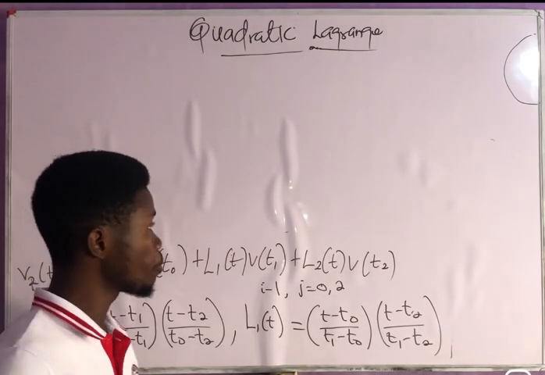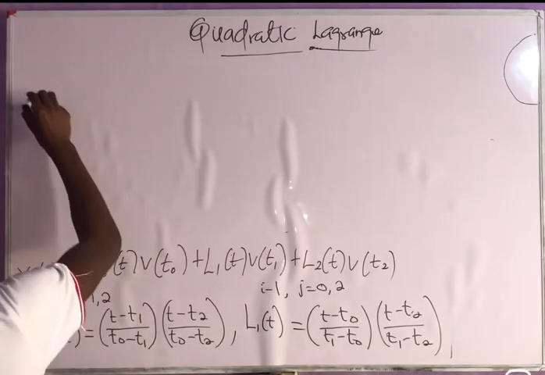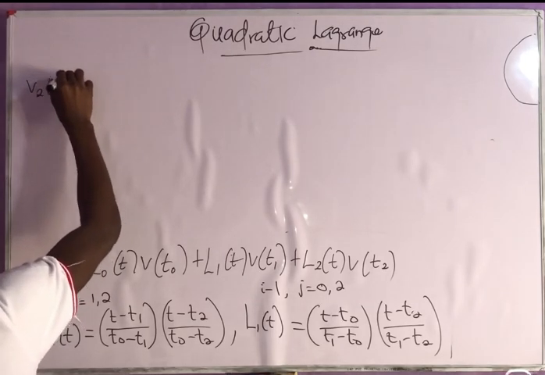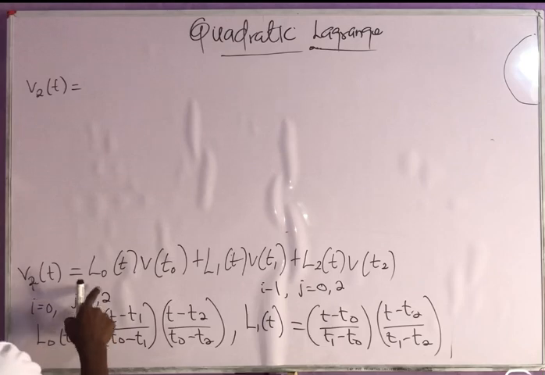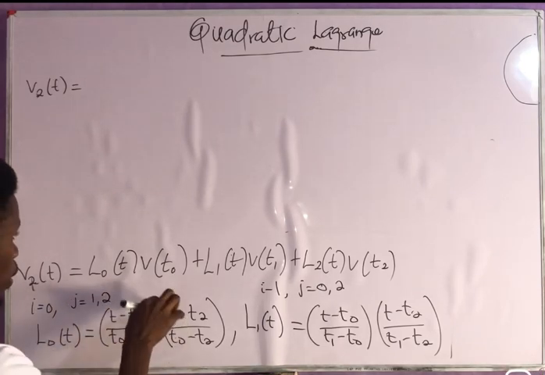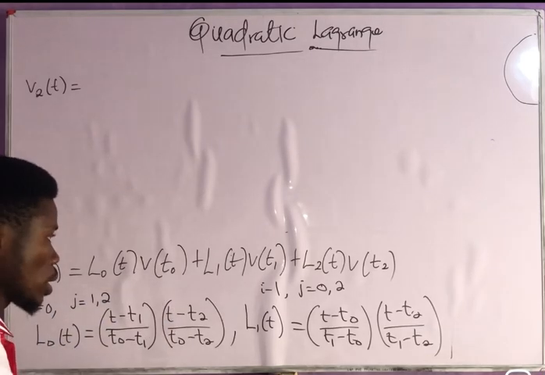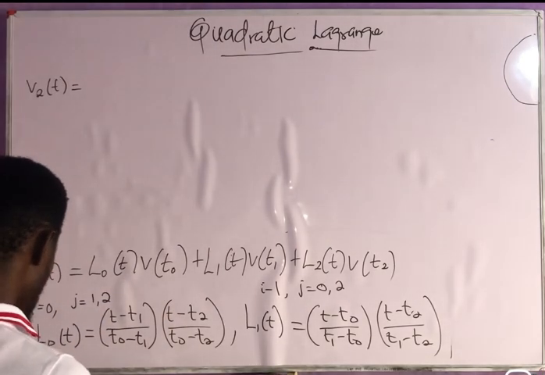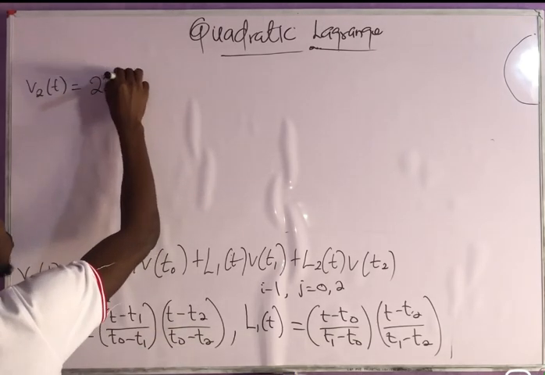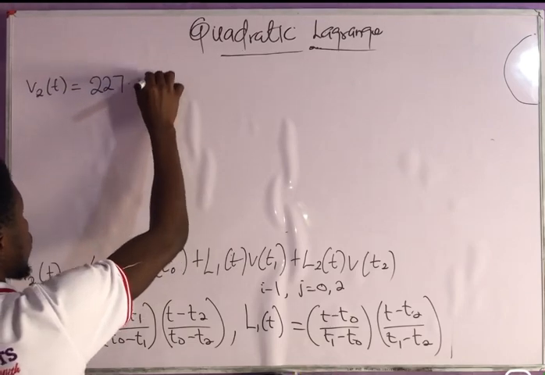Okay, so now I have v2 of t equals L0 of t, the whole of this, multiplied by v(t0). Remember v(t0) we had 227.04.